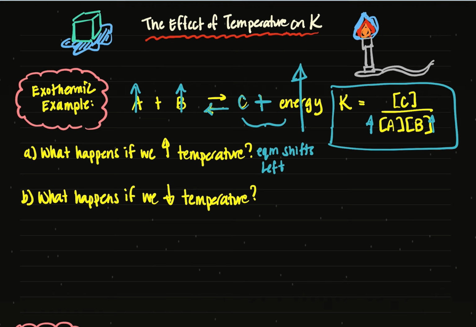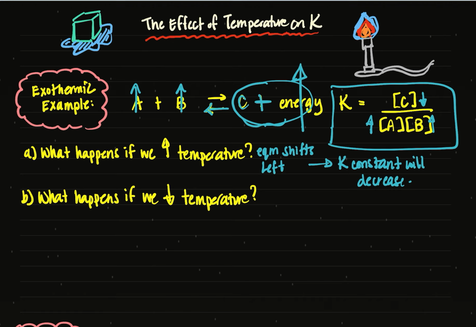Because C is getting consumed and combined with the energy, C's concentration will decrease. So I'm going to have a smaller numerator and a larger denominator. So not only will my equilibrium shift left, my K constant is also going to decrease. It will become a smaller number because the ratio of product to reactant has changed.